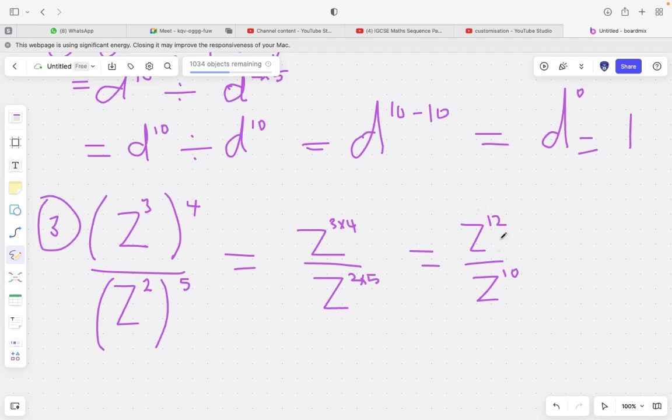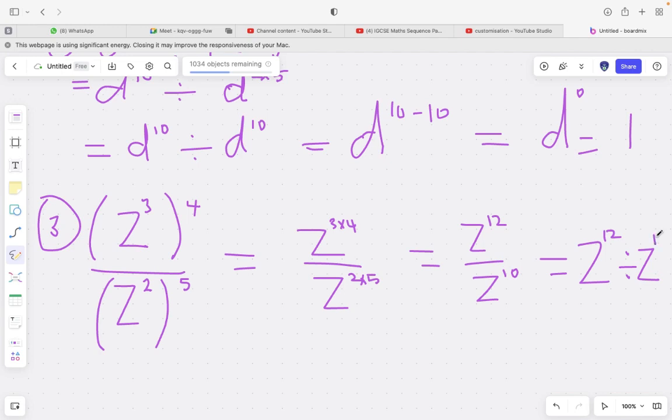So now this has been reduced to the second law, because this is division now. First we did the third law, and now we're going to do the second law. You just write 1z, because this is the same as z to the power of 12 divided by z to the power of 10.